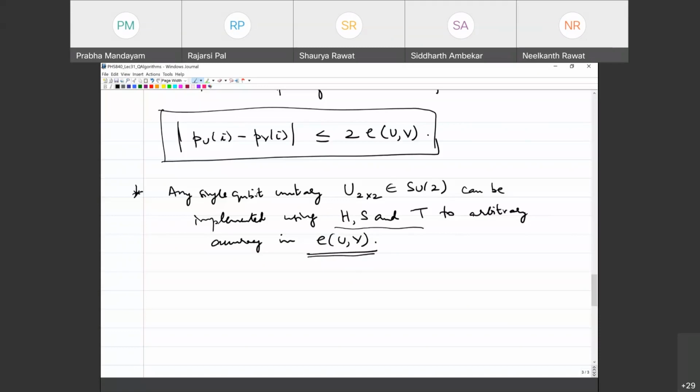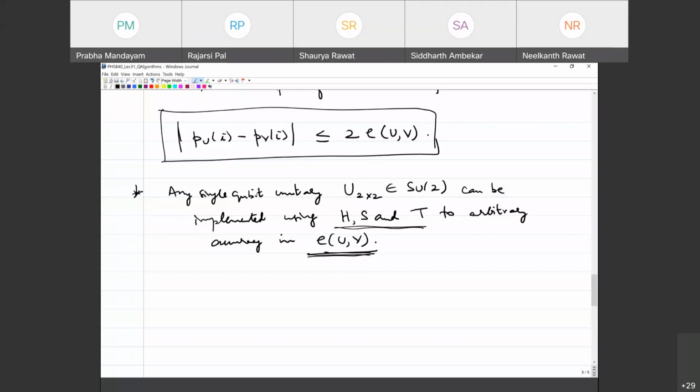Obviously, the more gates you add to the decomposition of a single SU(2), the closer you will get in accuracy. So there will be a kind of trade-off or a scaling between how many gates you need to implement a given arbitrary unitary and to what accuracy you can implement it.